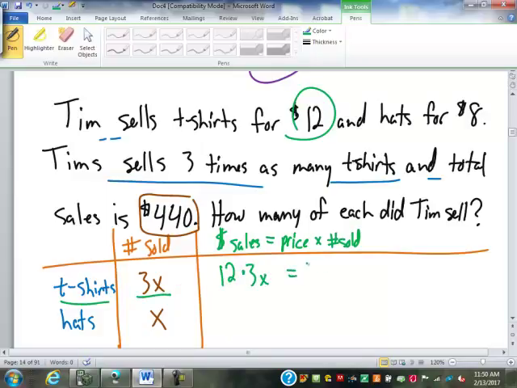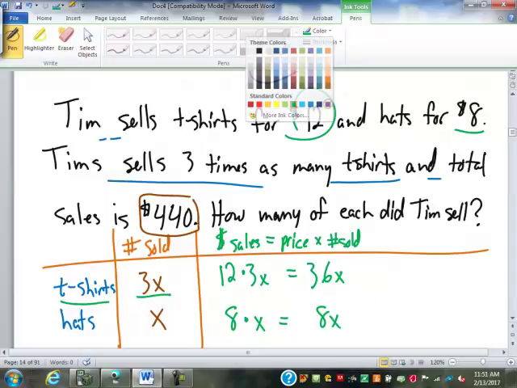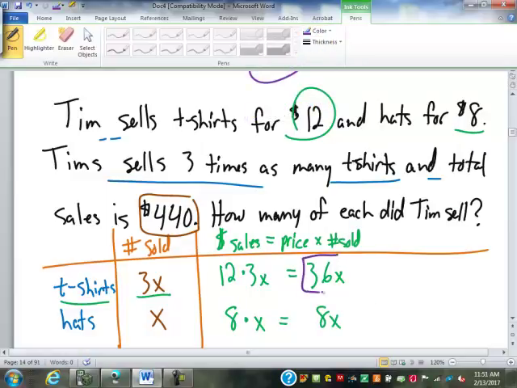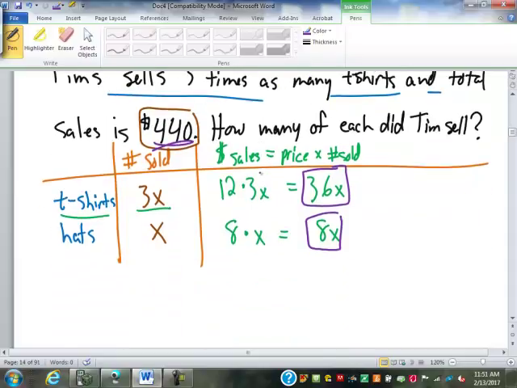So 12 times 3x is 36x. For hats, the price is $8 each times the number sold is x. So 8 times x is 8x. So this is the dollars received from selling T-shirts. This is the dollars received from selling hats. That has to add up to our total. So 36x plus 8x has to equal $440.